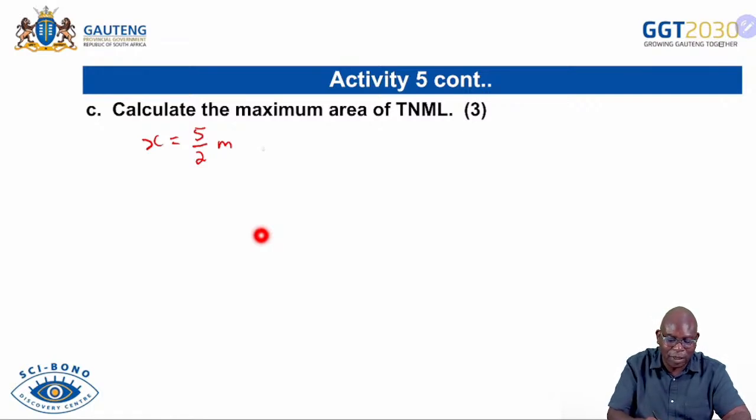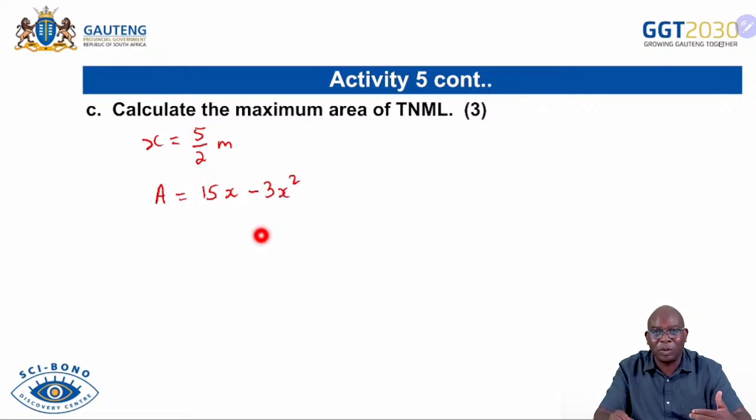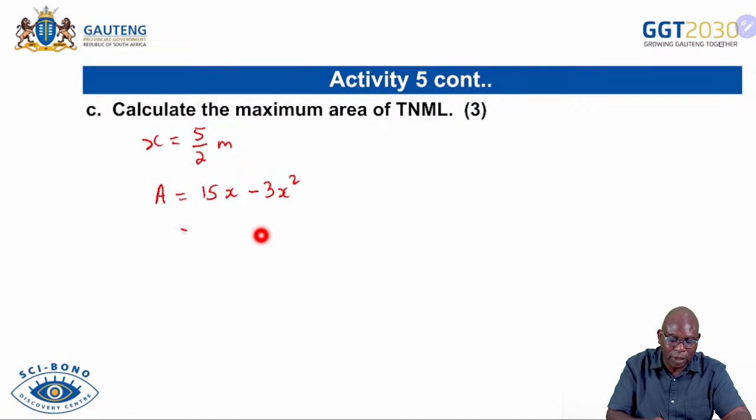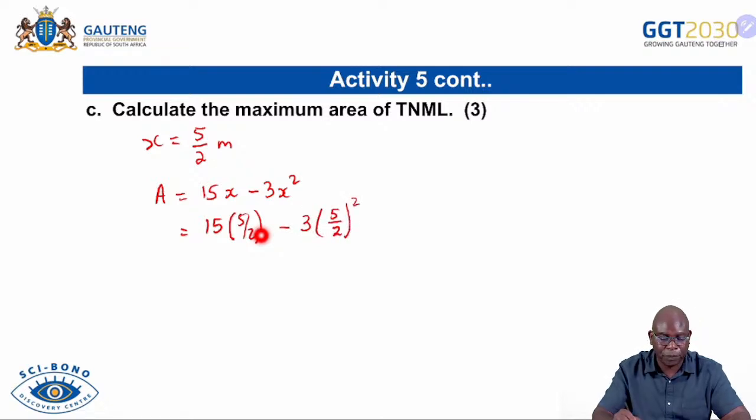So my original is A equals 15x minus 3x squared. I need to substitute into the original because I need the maximum area. So it's 15 times (5 over 2) minus 3 times (5 over 2) squared.